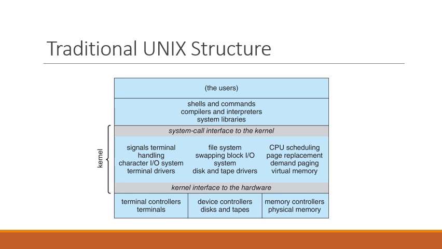Below the kernel, there is the hardware layer. It contains physical hardware devices, and above the kernel there is the system program layer, which contains shell and command interpreters, compilers, system libraries, and above the system program layer there are application programs or users.